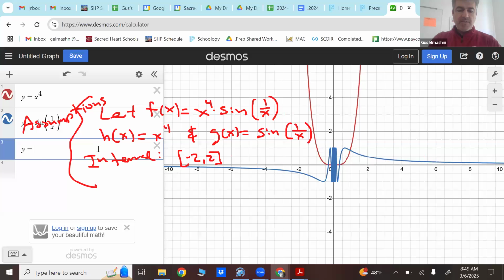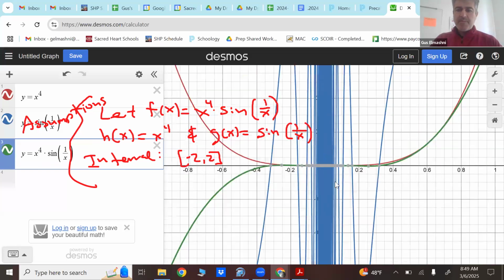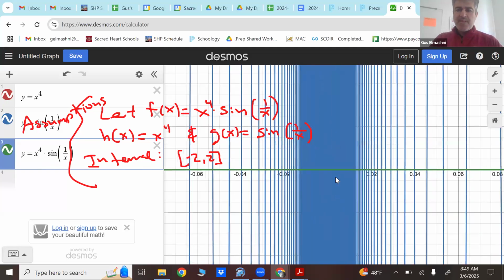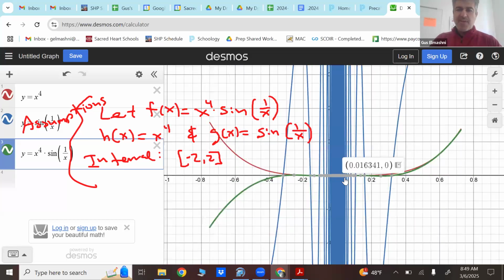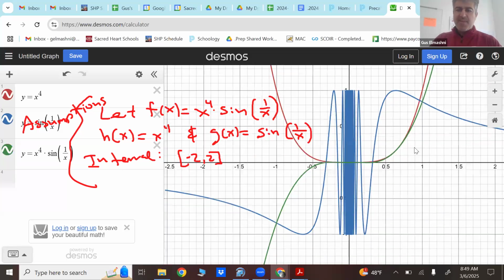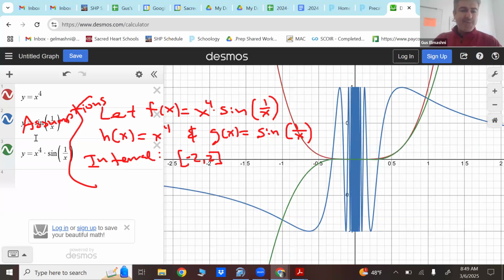Y equals x to the 4 power times sine of 1 over x. Yeah, it's a little hard to see what's happening. But which one's green? Okay, green's in the middle.